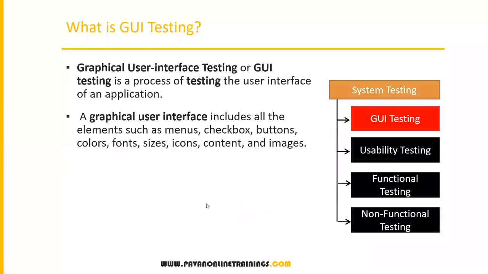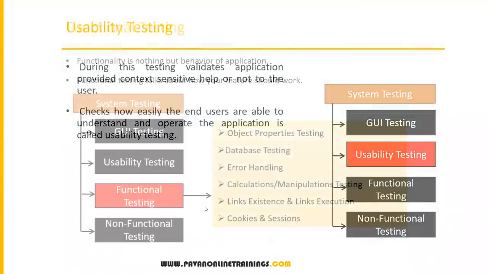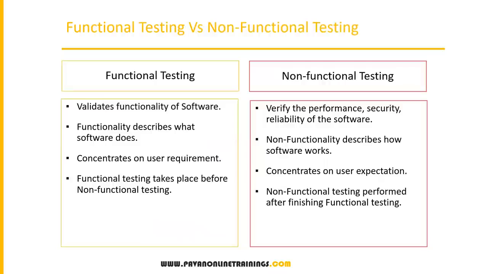Finally, let us understand the differences. Maybe in an interview people will ask you, what is the difference between functional and non-functional testing? Let me summarize the points. In functional testing, we validate the functionality of the software, whereas in non-functional testing, we verify performance, security, and reliability of the software. Functional testing mainly describes what the software does, but non-functional testing describes how the software works.